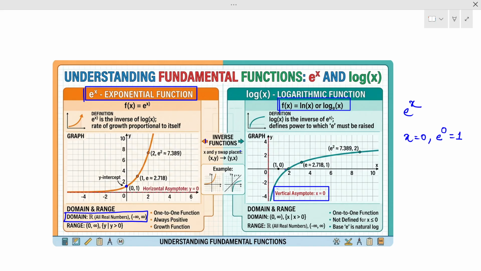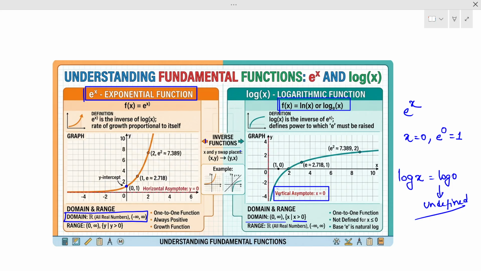It cannot be 0 because log 0 is undefined, so x should be greater than 0. That is why we write the domain as open 0 to infinity, right?